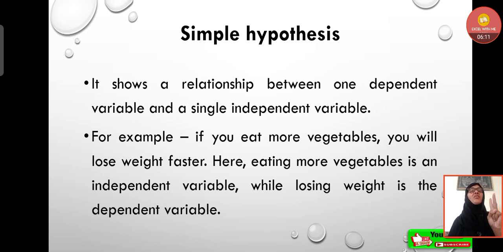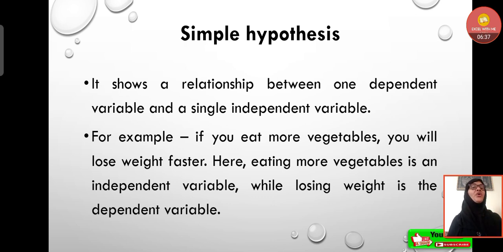We have to remember, already simple we are saying, we are not taking anything complicated or anything which is difficult here. We take one single dependent and one single independent variable on which we do the hypothesis testing. For example, if you eat more vegetables, you will lose weight faster.